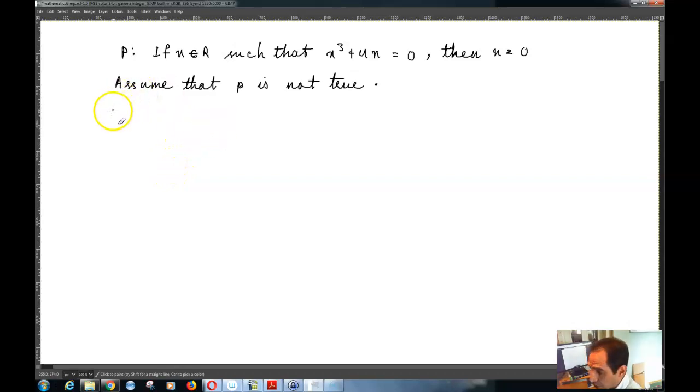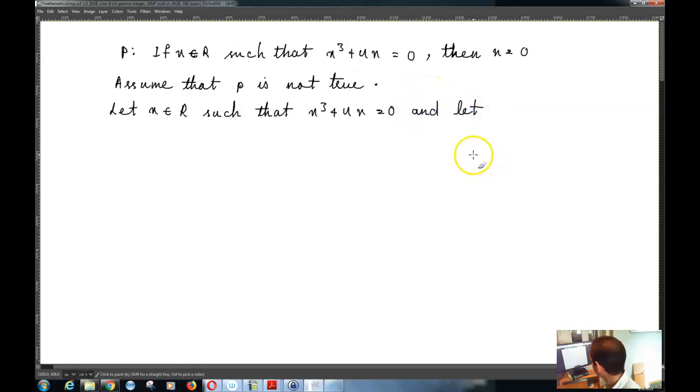So now you can say, let x belong to the set of real numbers such that x cubed plus 4x is equal to 0, and let x not equal to 0. So what we have done here is that we have assumed this.